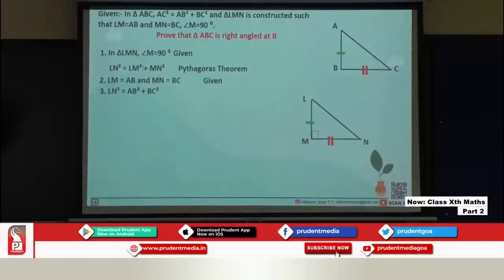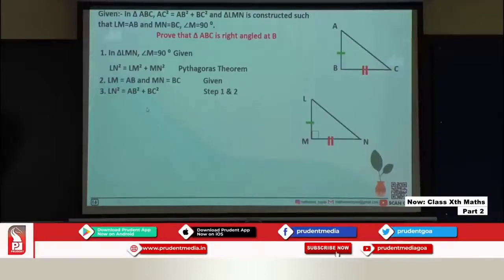And there was a square over here, so this square comes in. Same way, MN is replaced with BC, and because there was a square, I'll write square over here. So we have used step number 1 and step number 2 to come to step number 3. So I've written that.